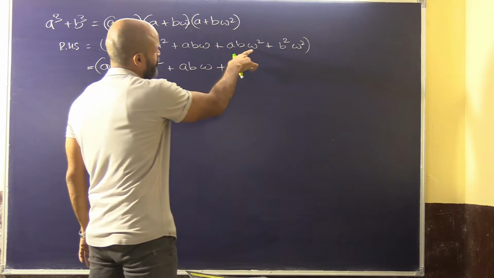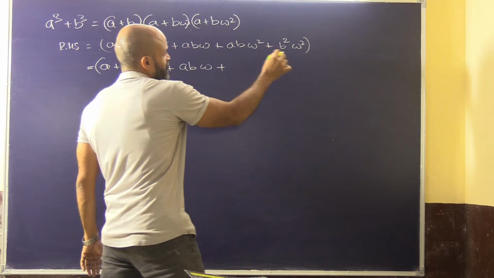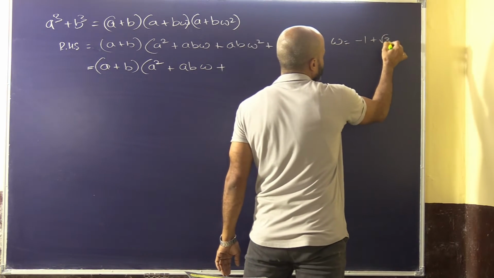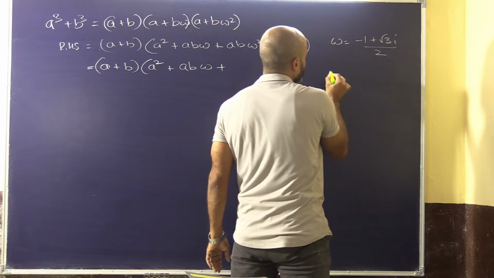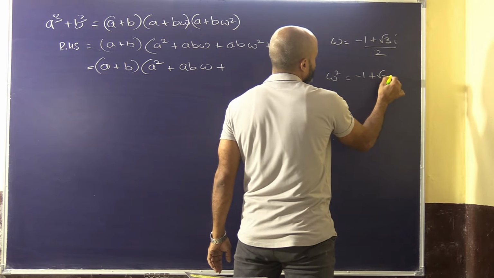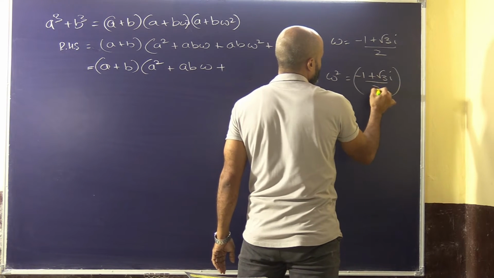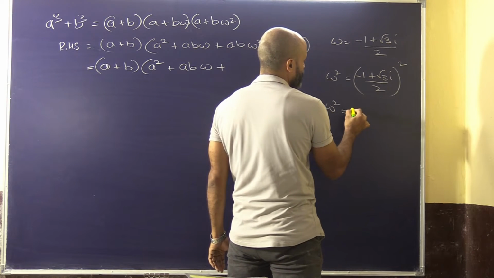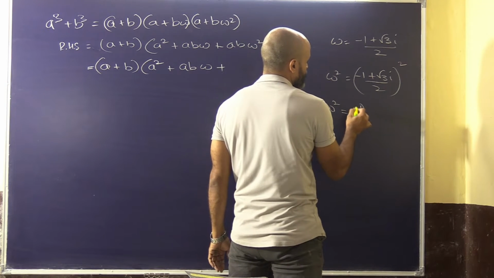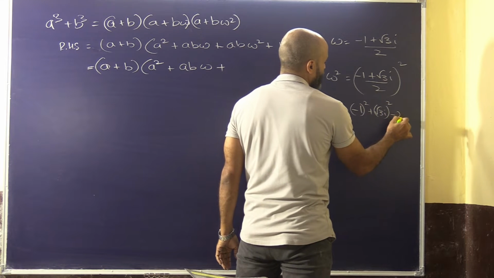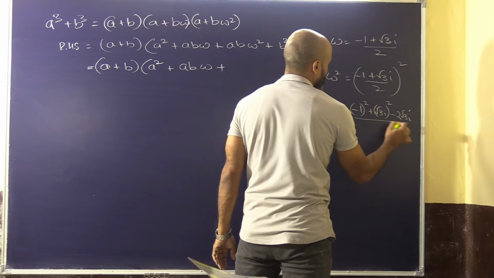Omega square is just the form of this one. Okay, see, we know that omega is equal to -1 plus 3i by 2. Let's say if we take this one, then if we do an omega square, then this will be (-1 plus 3i by 2) square, which will be how much? Omega square is equal to (-1) square plus (under root 3i) square minus 2 under root 3i, by 4.